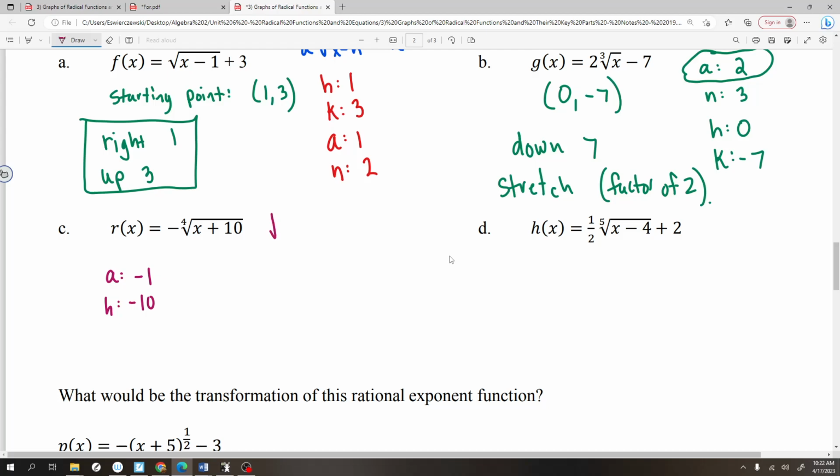Let me explain why that is real quick, because this is tricky. X plus 10 is the same as X minus -10. Does that make sense? That's tricky. It's like the opposite. It's tricky for some of us, including myself. What would K be? What am I adding or subtracting outside of the radical?